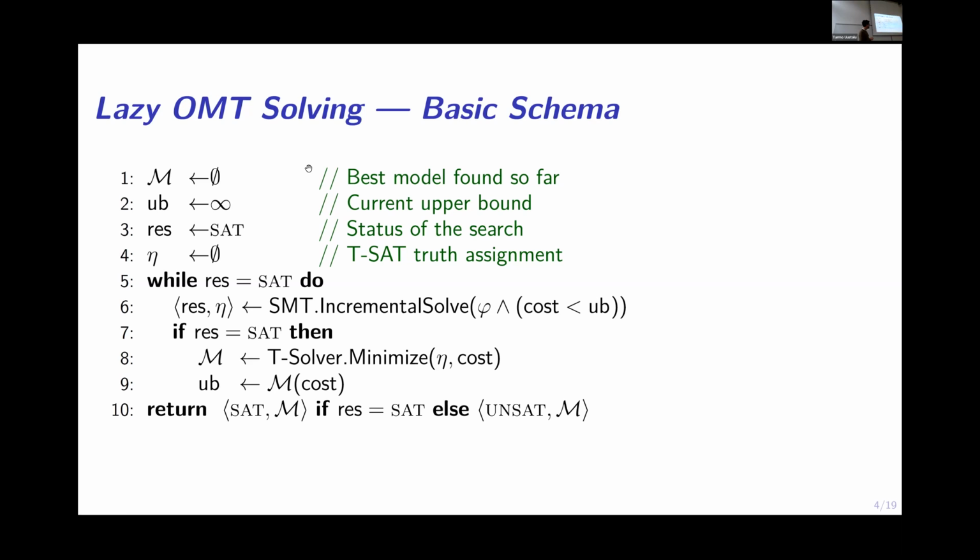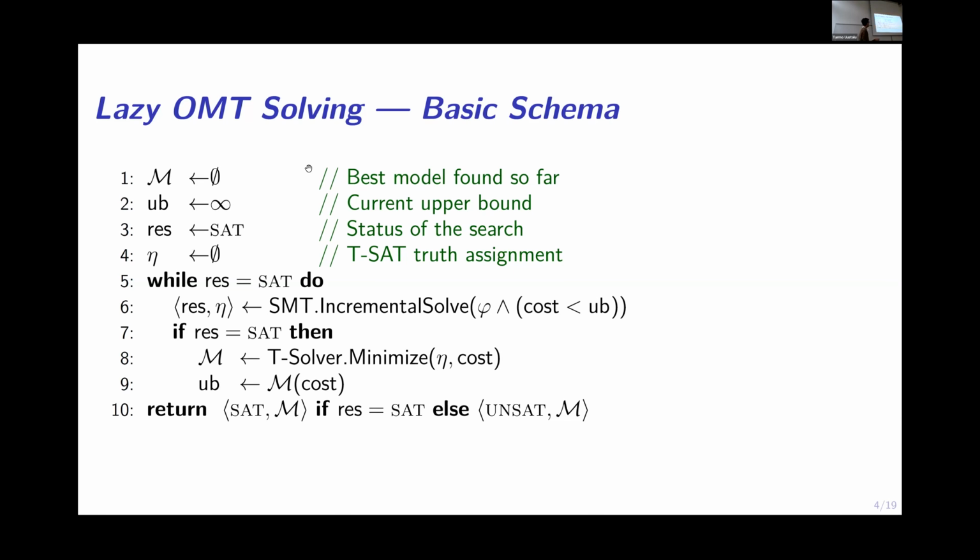Then we use the value of cost as the current best upper bound we have found so far. And then we repeat the loop until the formula is unsatisfiable. At this point, we know that the last model we have found is the optimum for the whole formula.